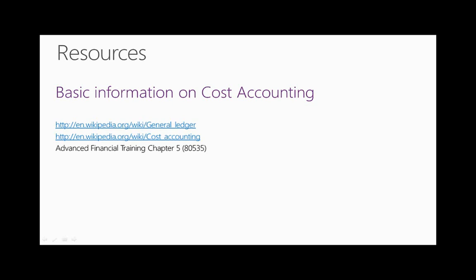So if this is your first experience with cost accounting, I suggest that you read some background information and at least the training material, because what is covered in the workbook is advanced information which you can utilize best if you have the basic information already present.